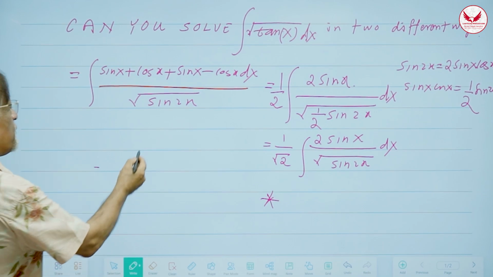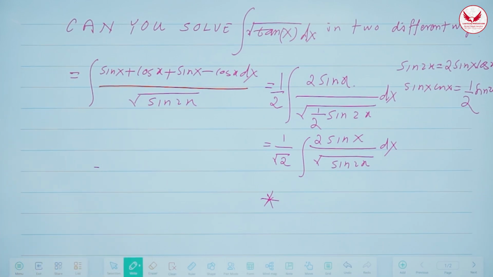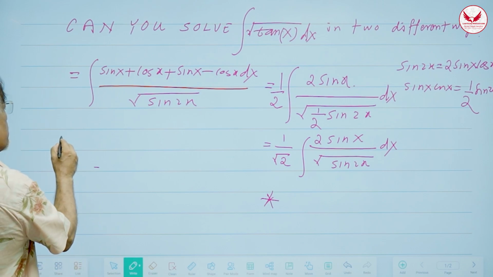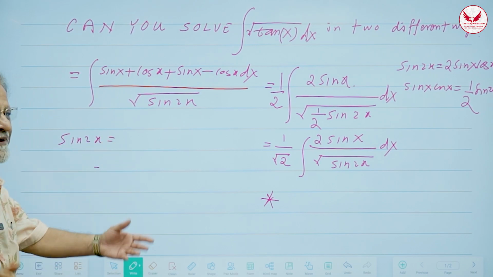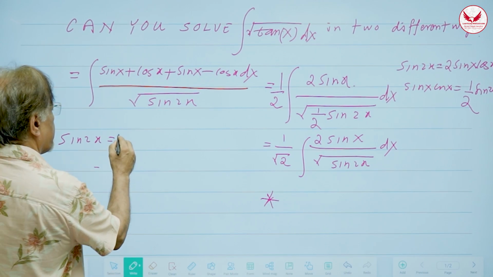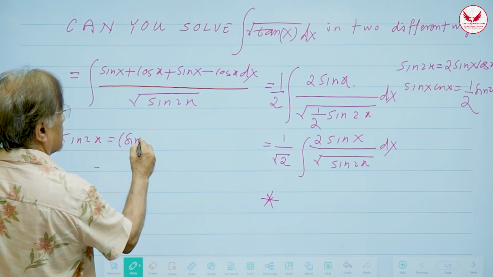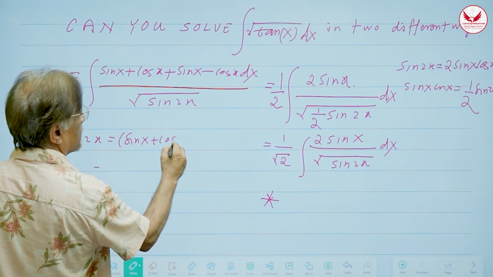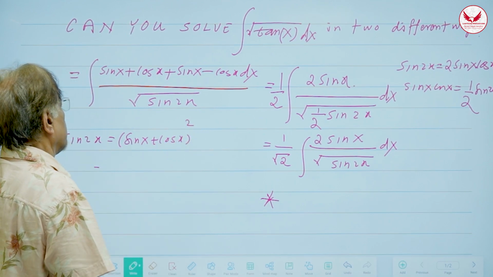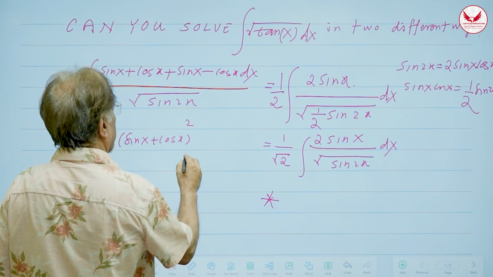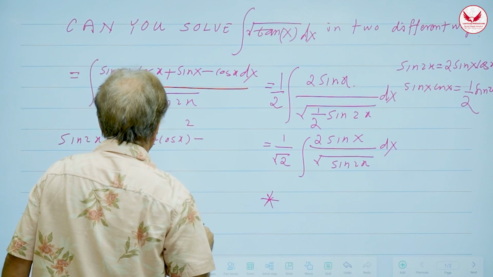Because this sin 2x is a very interesting phenomenon, because sin 2x can be written in two different ways. One is (sin x plus cos x) bracket square minus 1.